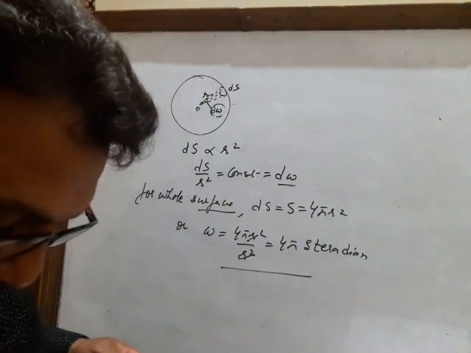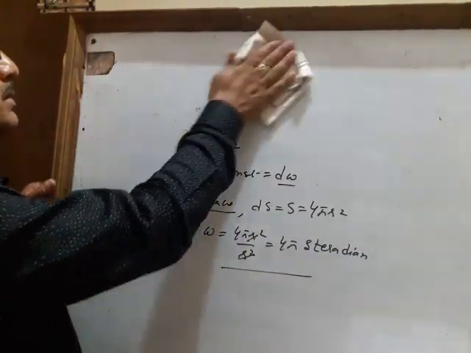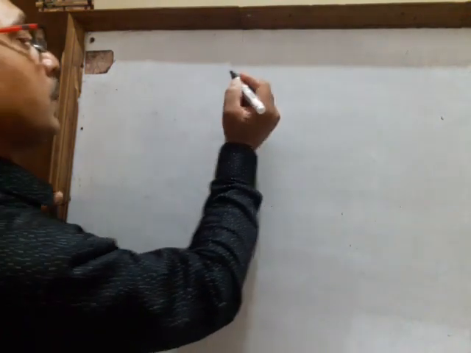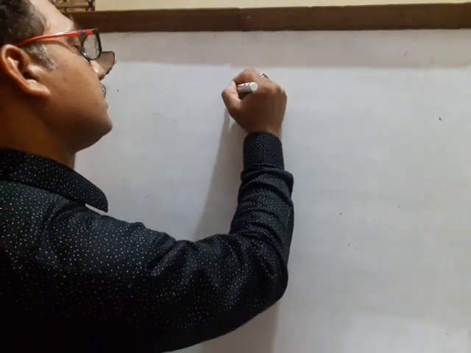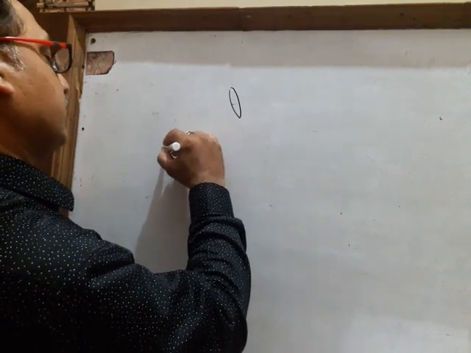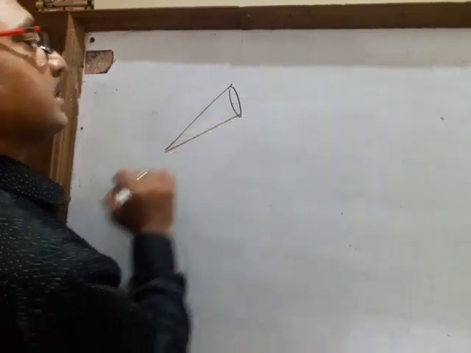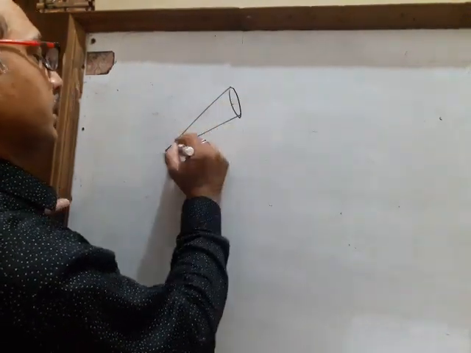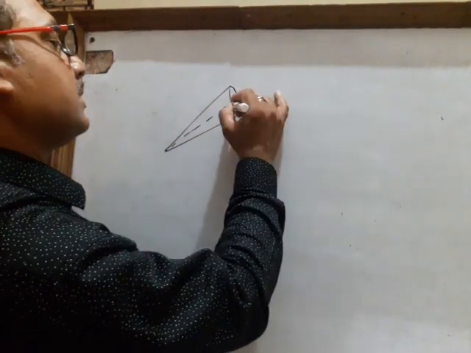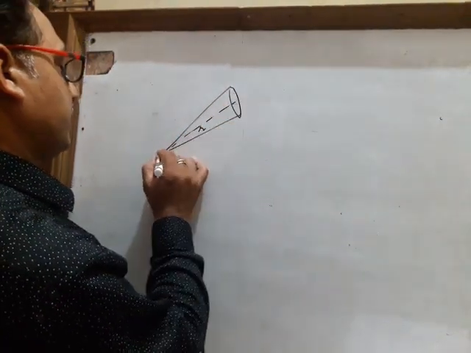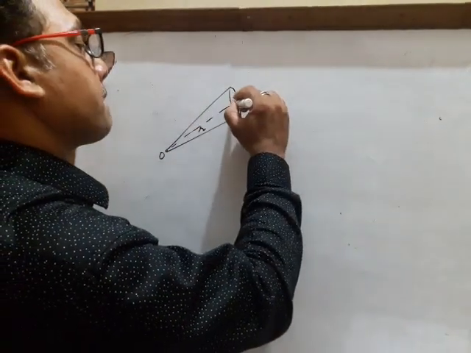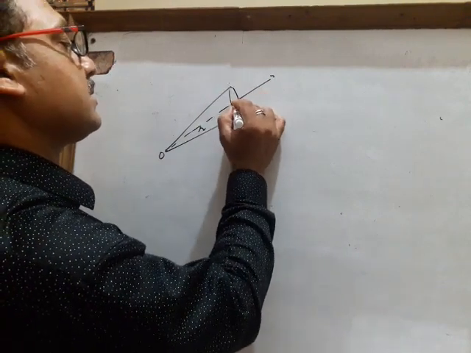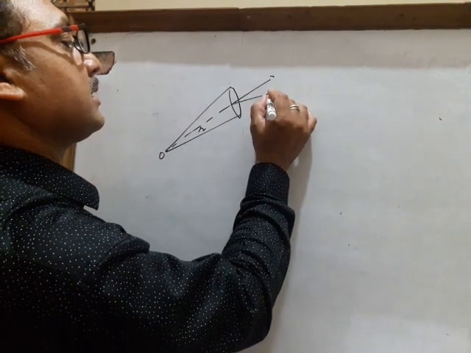And one more case I can take. Suppose for some angular position of the area, if I say like this, this is the area element at a distance r from the center, and this area is giving its direction like this.